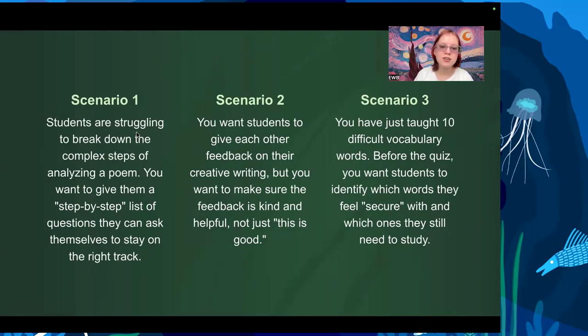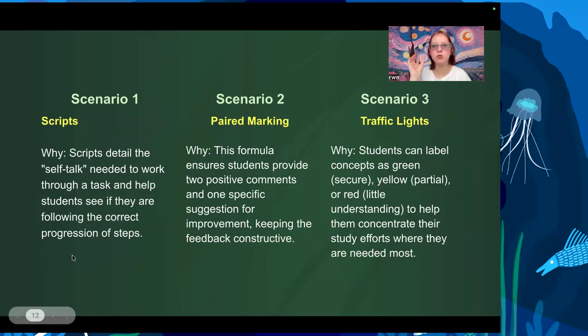Because students are struggling to break down these steps. And if you remember, scripts are the detailed paths that take students from one point to another so that students achieve learning outcomes. That's why scripts would work perfectly well if students are struggling in analyzing some texts or some poems. In my scenario, it was poems, but it could be text generally too. So scripts can be a helpful tool for that scenario.